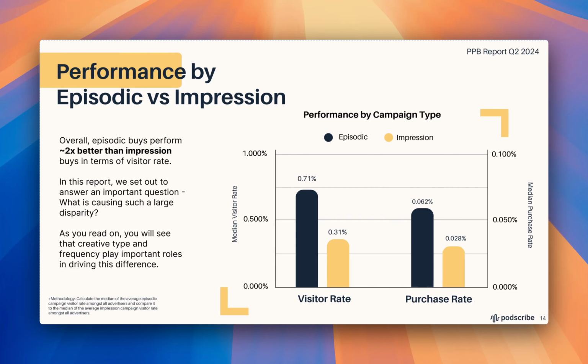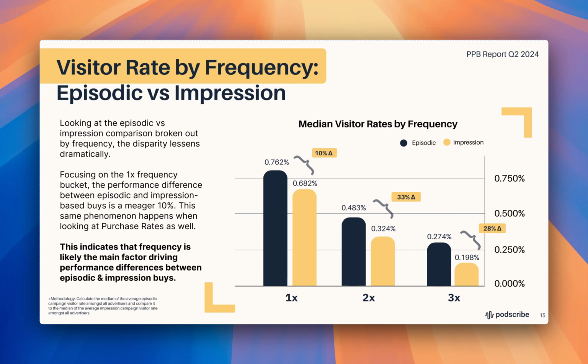Yeah, perfect. So that disparity in performance, although it seems very large, changes as we break these campaigns out and look at frequency. If we were able to hold impression-based buys to a 1x frequency per campaign, you notice that the delta in performance is actually quite small. You almost start to achieve levels that we're used to seeing in things like host-read ads and episodic buys.